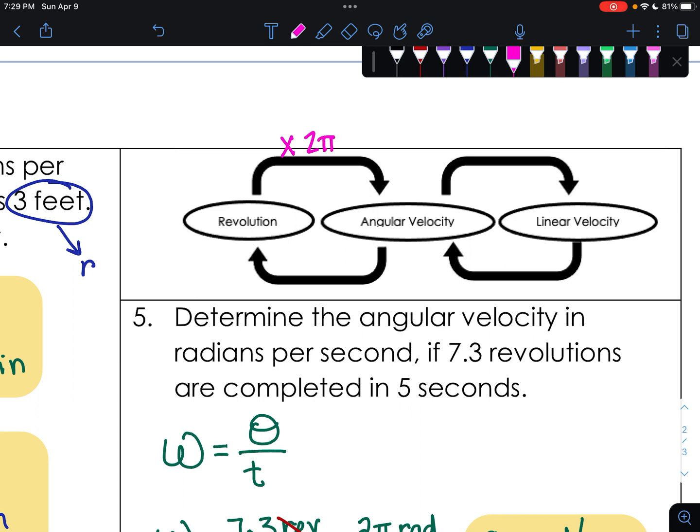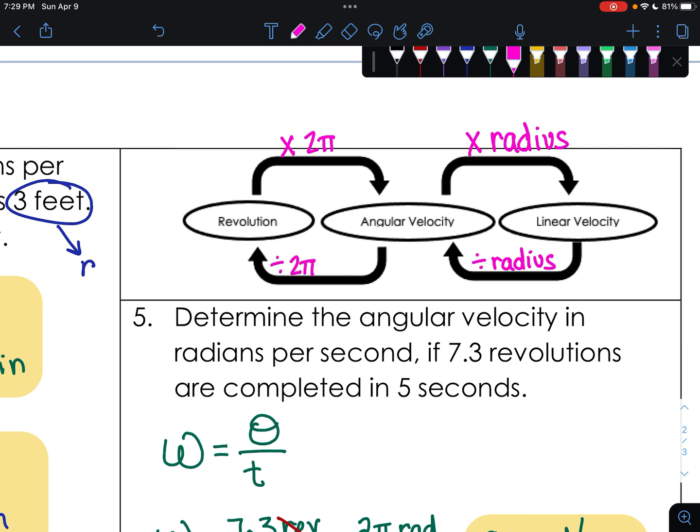If you have angular velocity and you want to go to linear velocity, all you have to do is multiply times the radius that you're given. If we're given linear velocity and we want to go to angular velocity, we just do the opposite and divide by the radius. If we're given angular velocity and we want to go to revolutions, we're just going to divide by 2 pi.